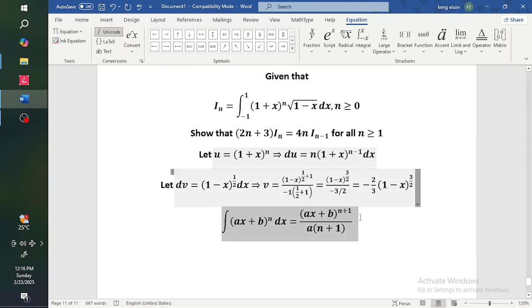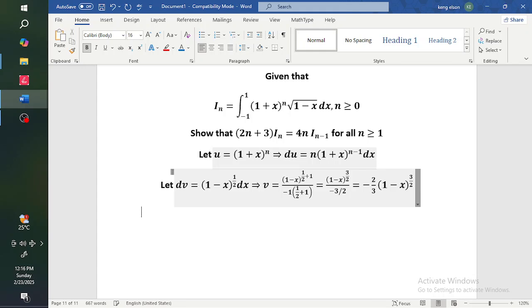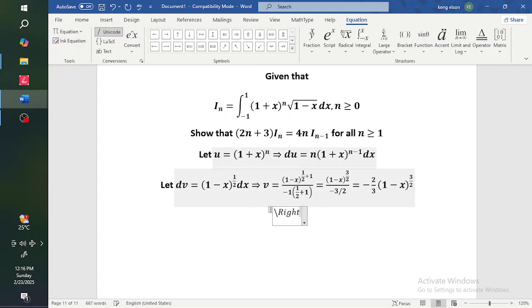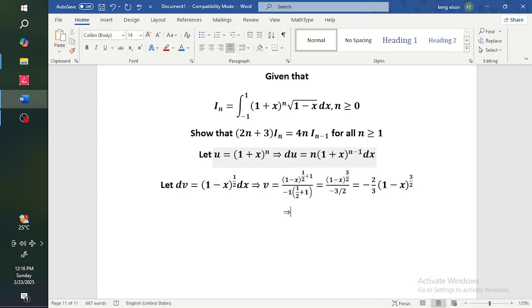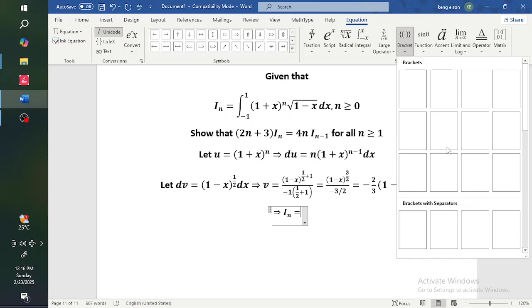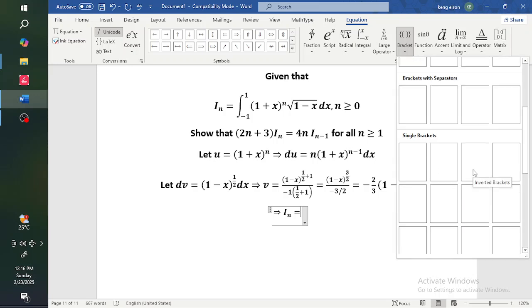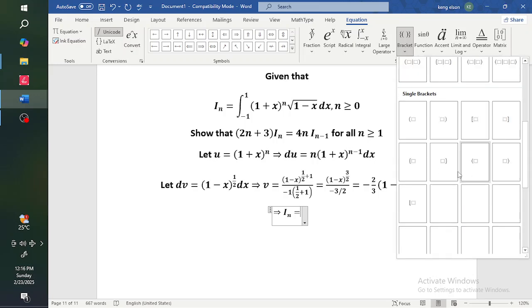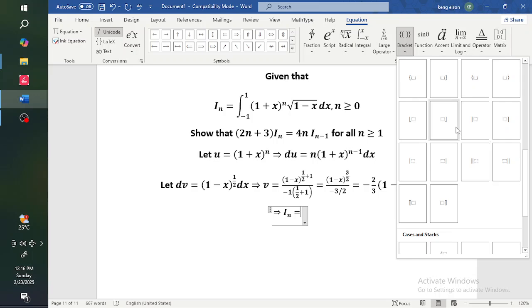Okay, so I think I can remove this recall from here. So it therefore means that I_n is uv minus the integral of v du. That's the formula, but we need to put the bounds. So I_n will be equal to uv, just a minute, let me take a bracket which I will use.